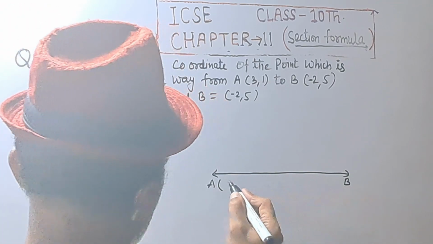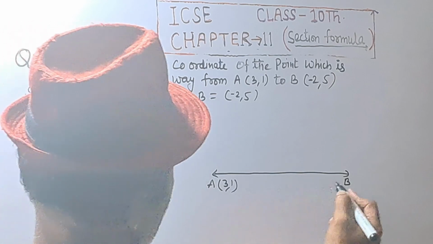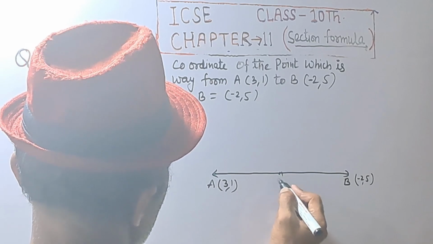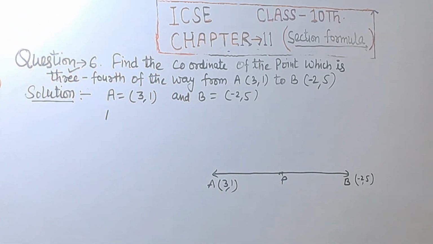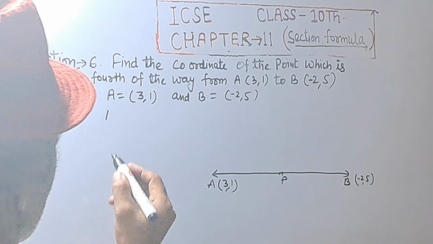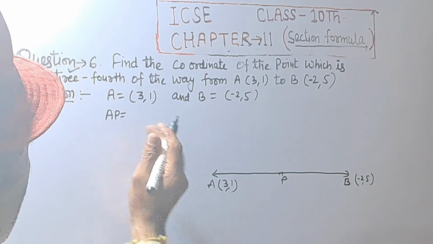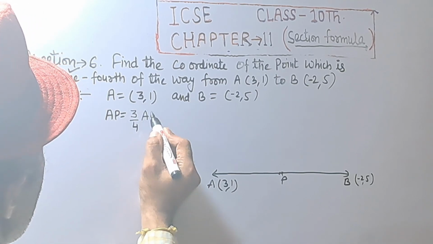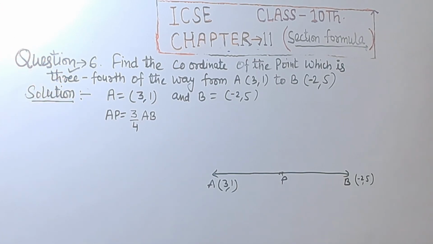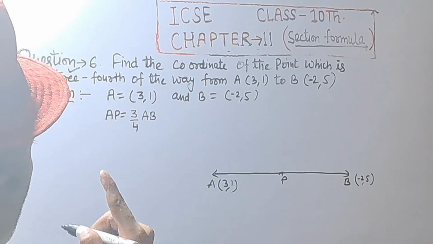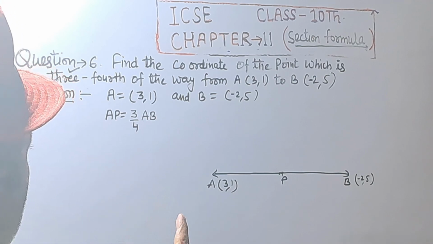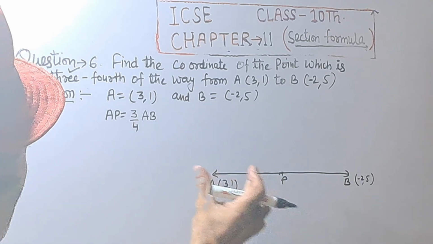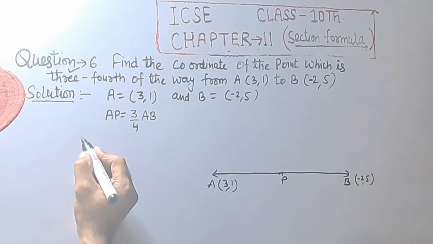Point P. AP is equal to 3/4 of AB. Given the coordinate of the point which is 3/4 of the way from A to B, AP is equal to 3/4 of AB.